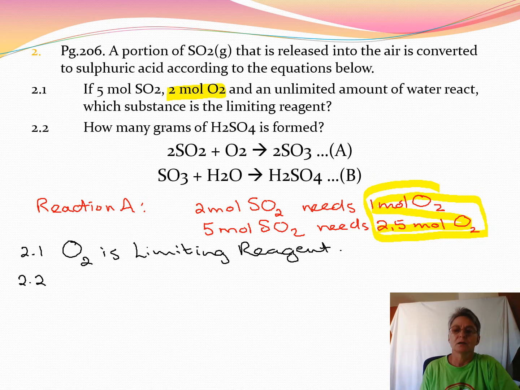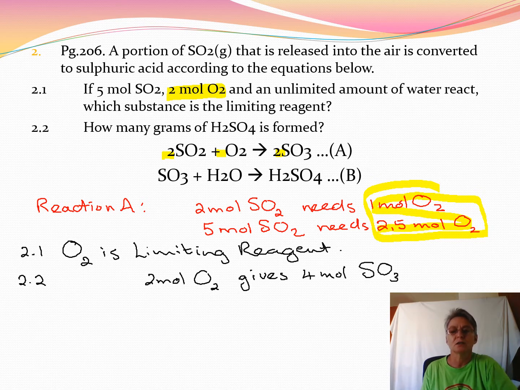The moles of oxygen: we start off with 2 moles of oxygen and I'm using the mole ratio in the balanced equation. 2 moles of oxygen gives 4 moles of sulfur trioxide.